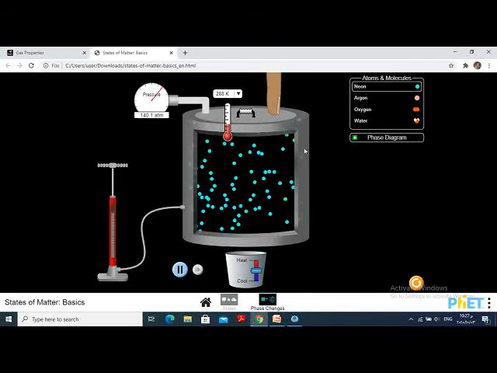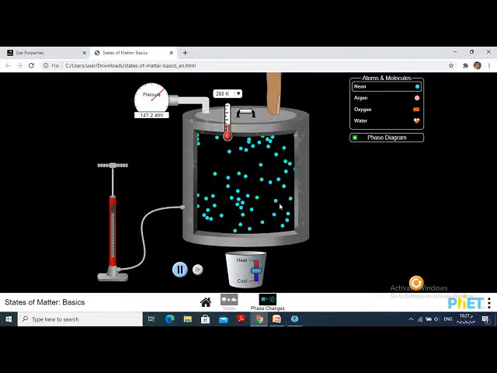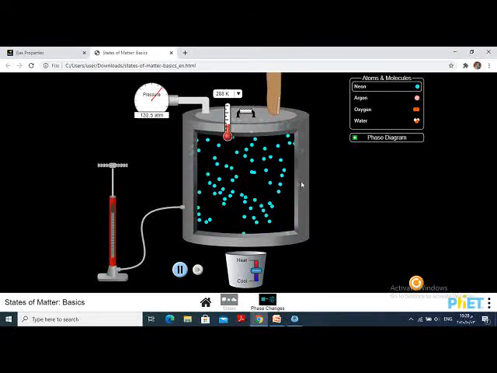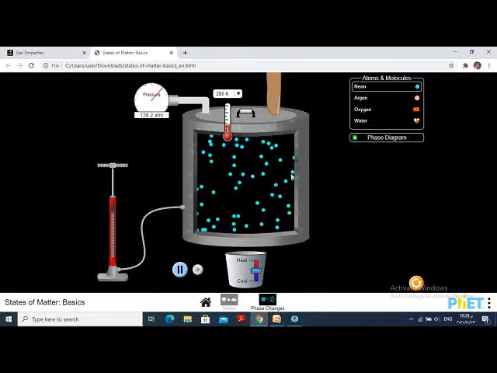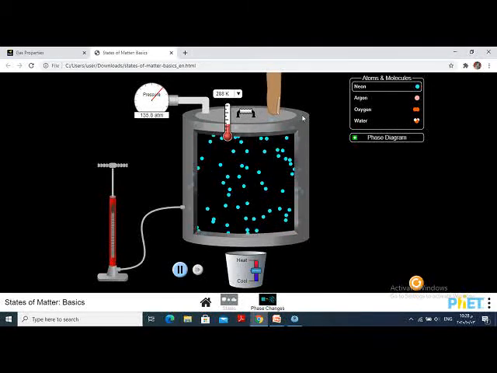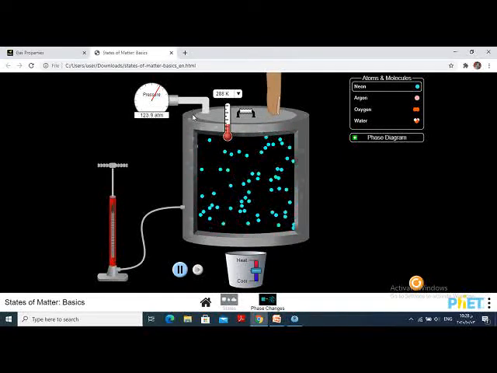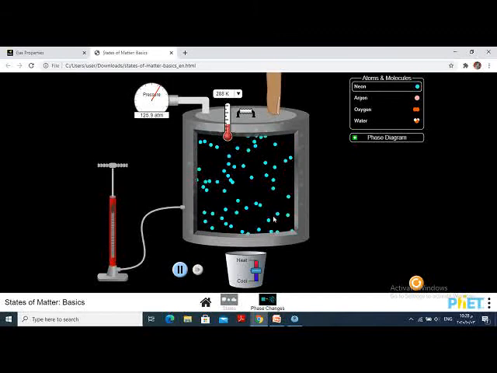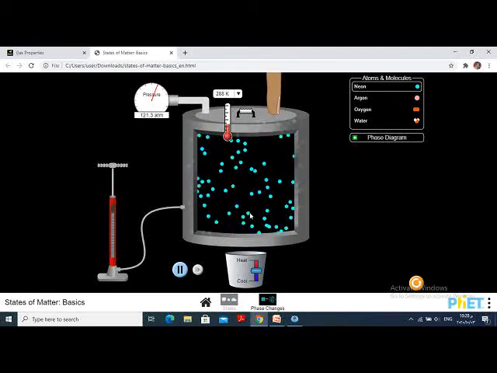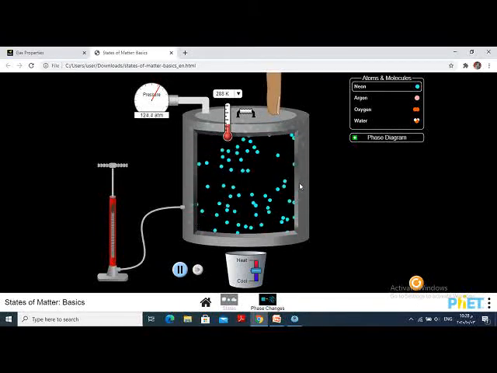This collision between the particles and this area applies a force on it. So the particles apply an amount of force on this surface area, here, and here, and here, and that is called pressure.